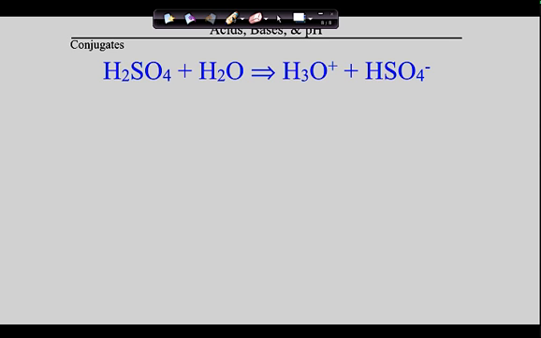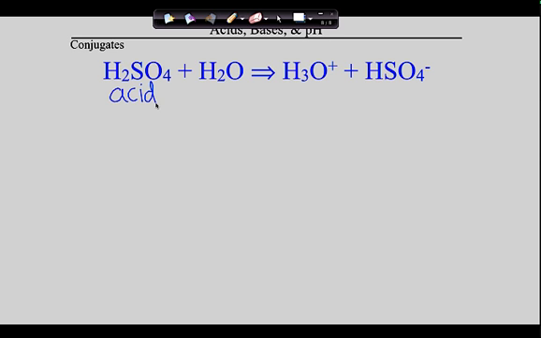So you look over here and ask, is there any OH over there? Well, no, so that must not have happened. Then you come over here and see H2SO4. If I take away a hydrogen from that, what's left? HSO4. Is there any HSO4 over here? Oh my gosh, there it is. Because there's HSO4, that tells you that this is the acid. Does that make sense? Is that okay?